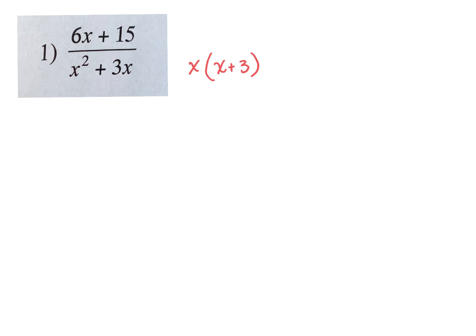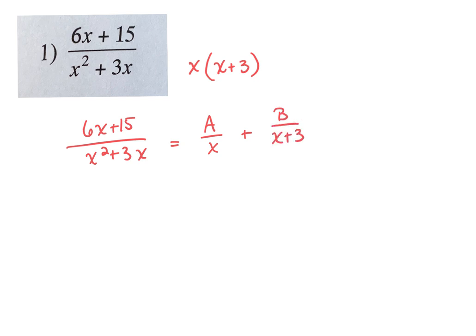So I'm going to say, well, that means that this original problem here should equal some number over x plus some number over x plus 3. Right? And when it's just set up like this, you just have to do that cross multiplication thing, where you multiply each piece like that.